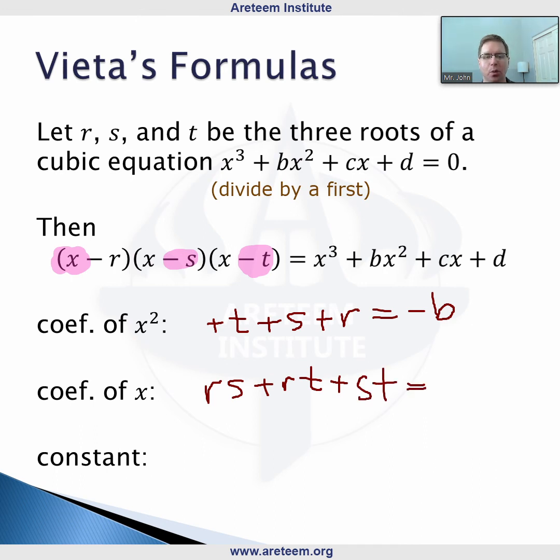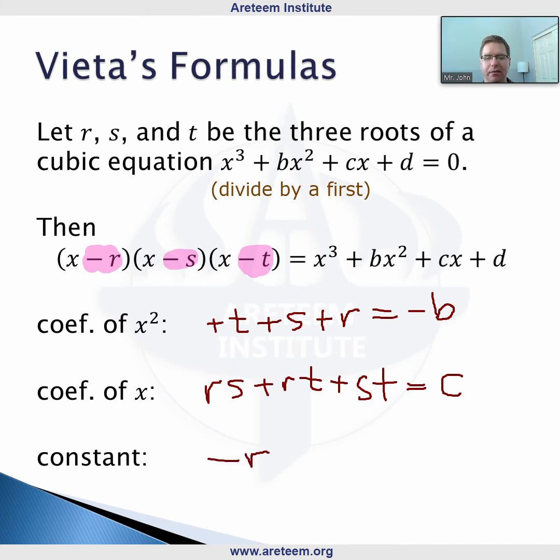No negatives to worry about here. This is supposed to be our c value. Our linear term has a coefficient of c. So we have c over a because we divided by that a first. Now when a is 1, it is just c. Very similarly here, what is our constant term? The only way to get the constant is negative r, negative s, negative t.